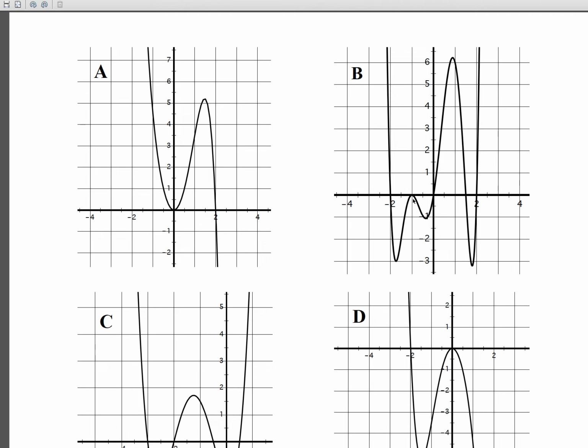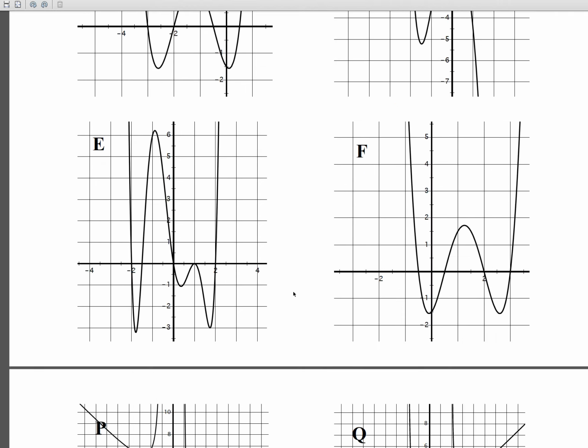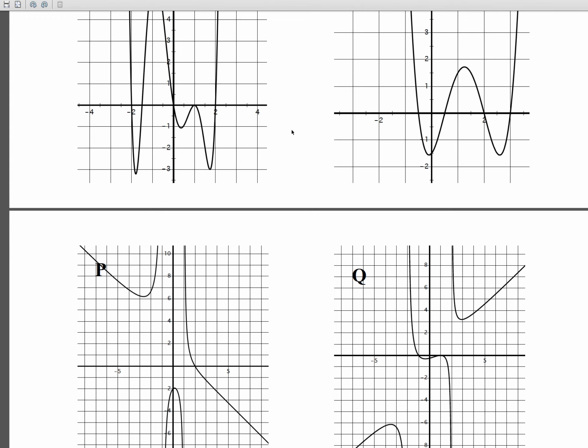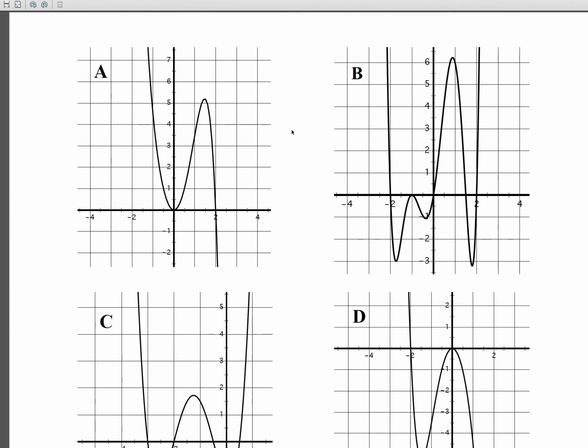So the graph bounces at -1. This one, I guess, bounced at +1. So this graph has zeros at -2, +2, a y-intercept of 0, and a 0 with a multiplicity of 1 at 3/2, which is 1.5. And again, it bounces or just touches at -1.